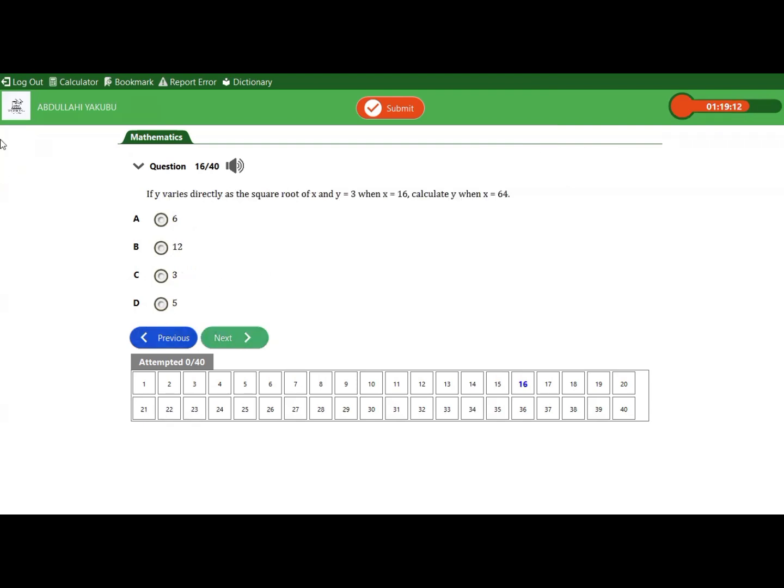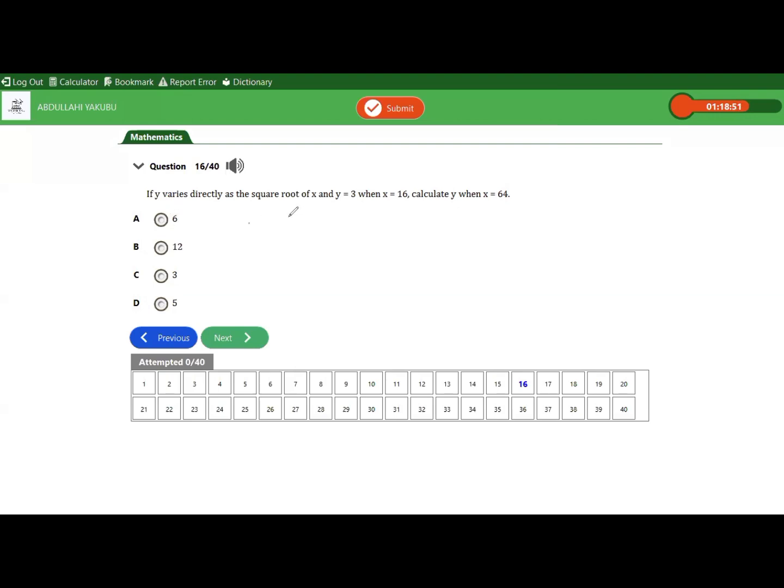So the next question says, if y varies directly as the square root of x, and y is equal to 3 when x is equal to 16, calculate y when x is equal to 64. So this is a variation.